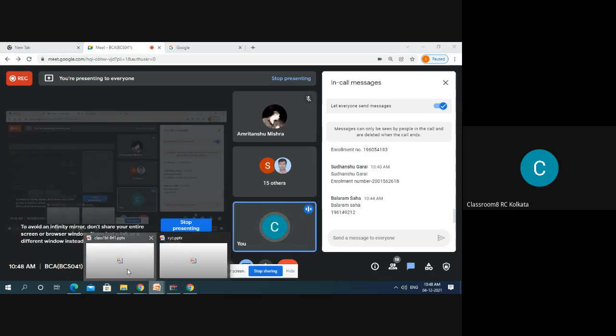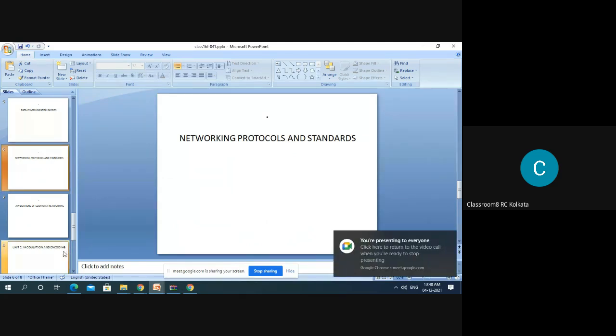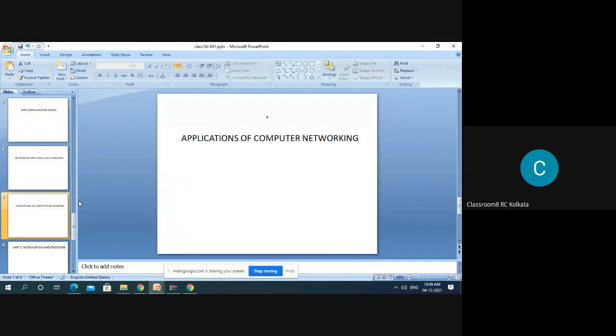And the next one is, after networking standard, application of computer network. Where do we apply computer network? In offices, in banks, and others?